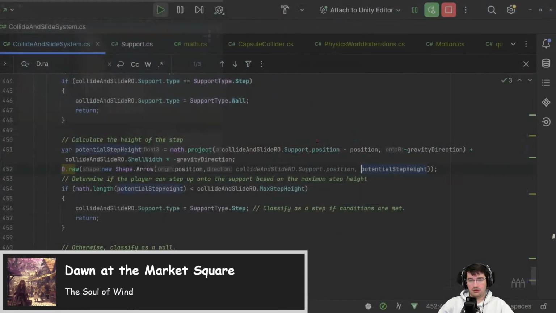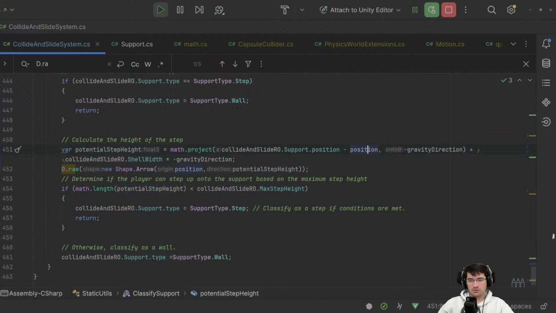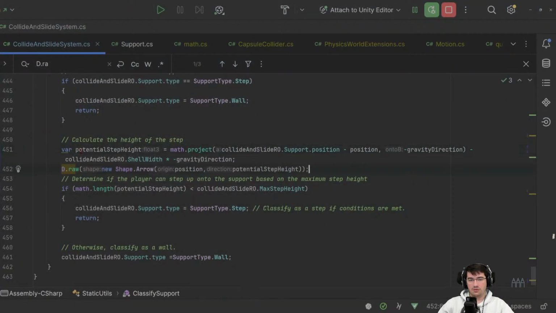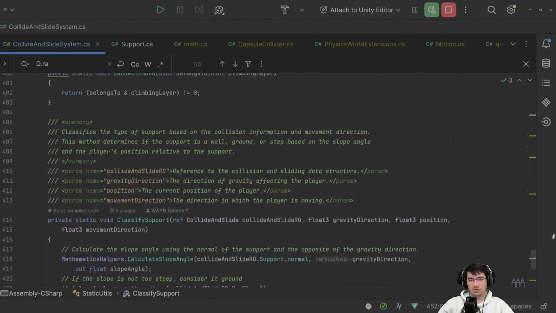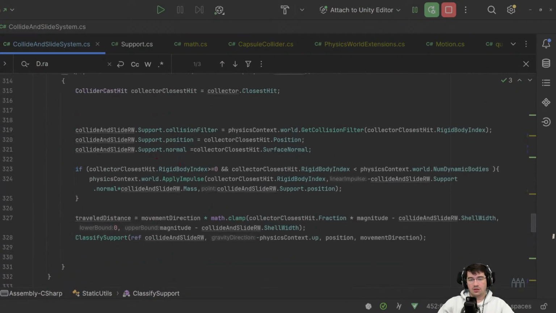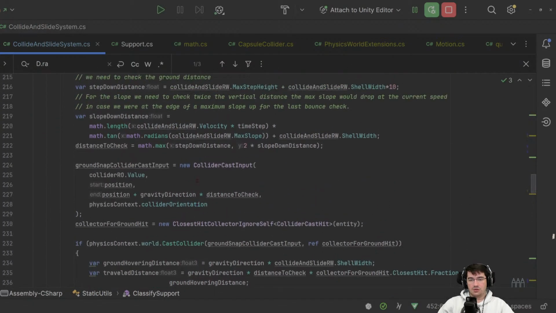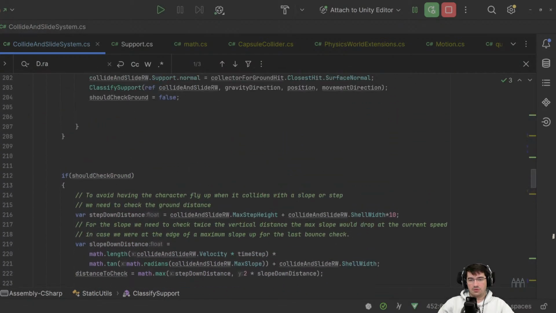So I need to remove it. Okay, so that means there is an issue in my other one, which is why I needed 3 times the capsule.